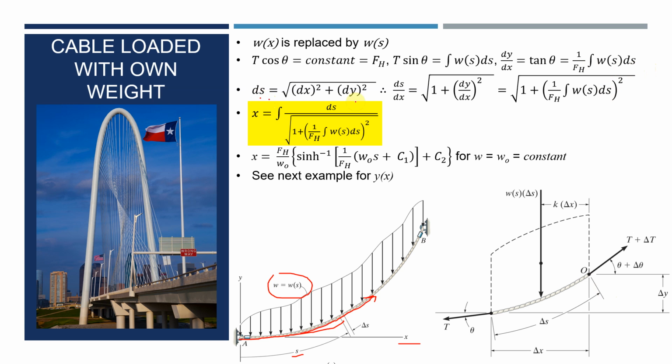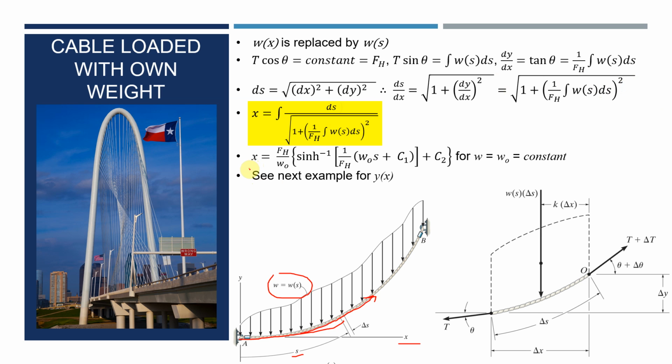And then converting ds to dx is over here. Here's dy/dx, which is given by this, and so we can write this, and then we can solve for dx, so we get x is the integral of ds over this square root. Go look it up in a table of integrals.